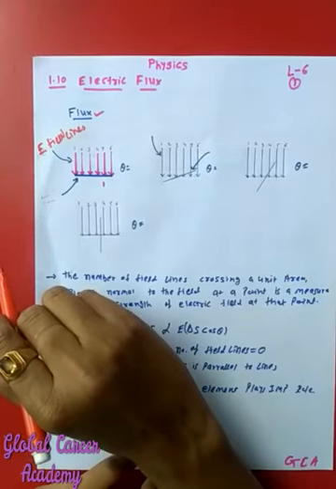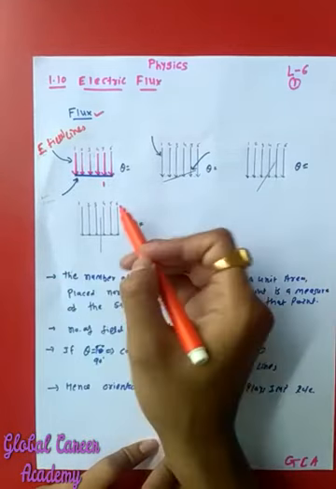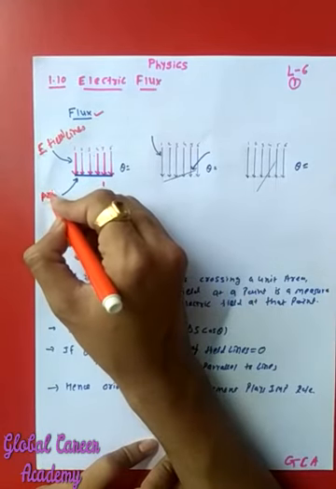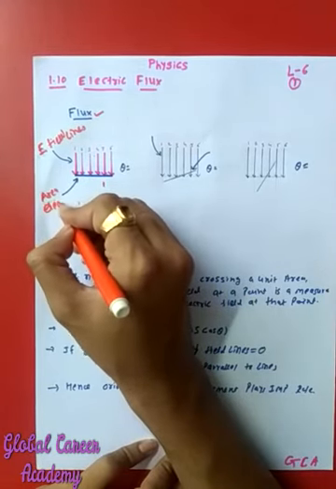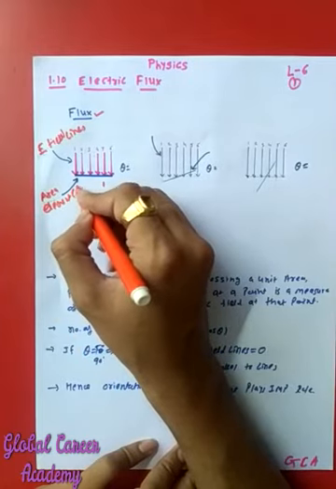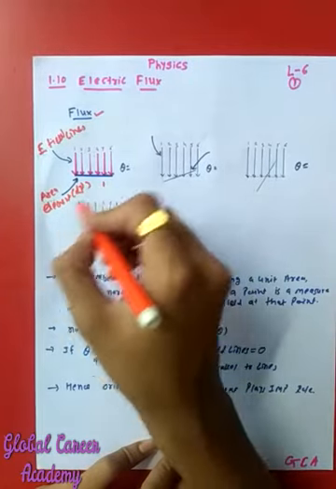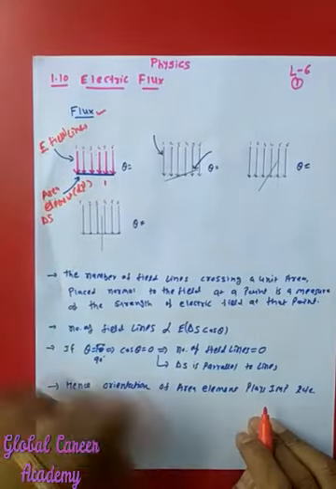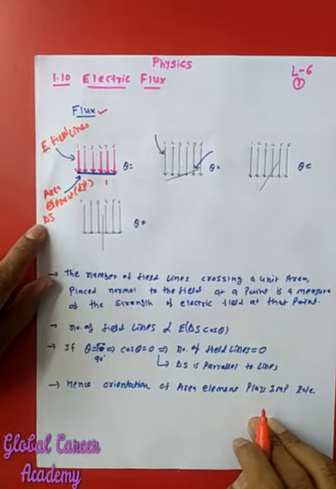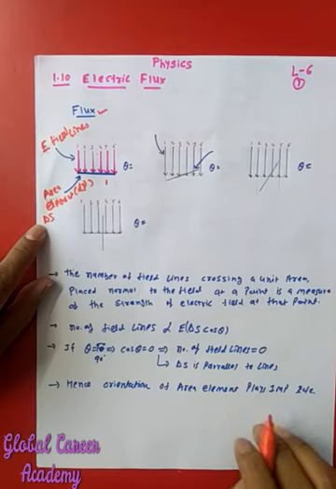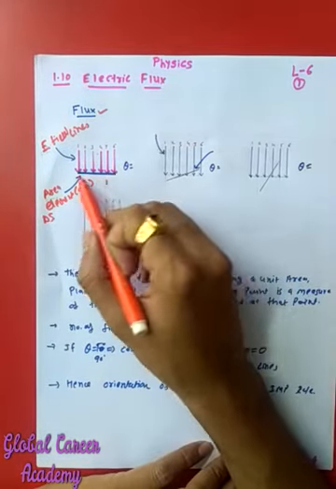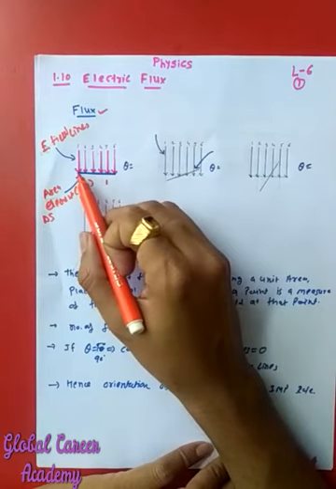Then the blue line shows our area element, which I can express with ds, or a small area element can also be expressed by delta s. So how many lines are passing through this surface area?